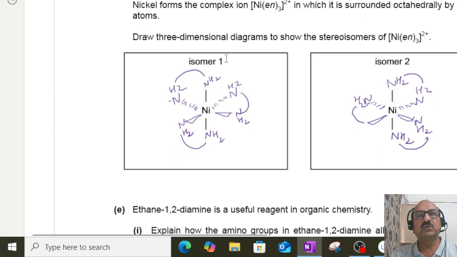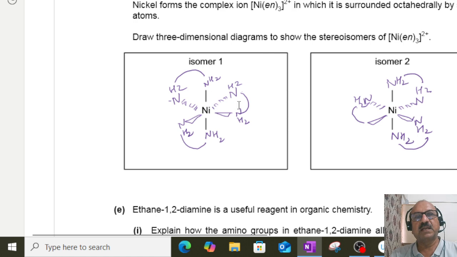We have to draw the three-dimensional diagrams. Here there is optical isomerism, and you can see that these are bidentate ligands. As I told you a short time back, if they were monodentate ligands, you would not have optical isomerism.